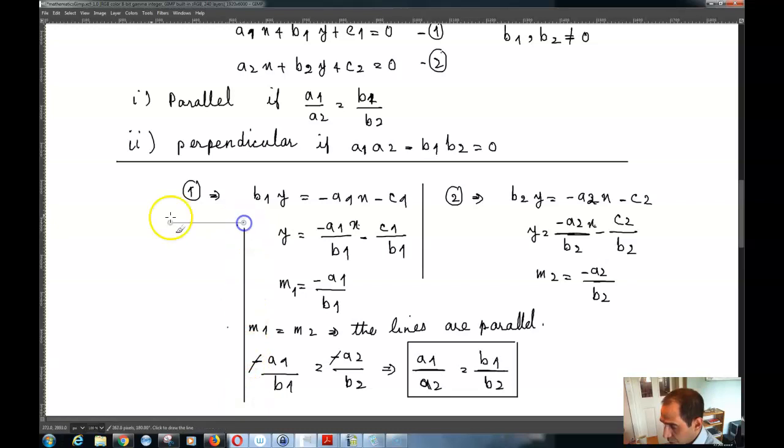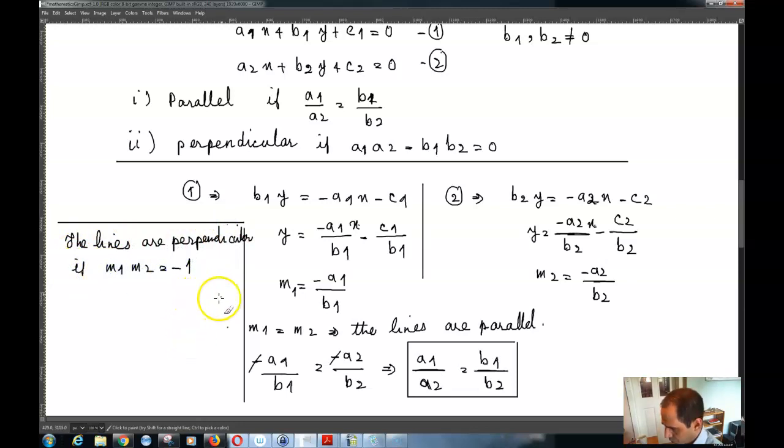Over here you can write that the lines are perpendicular if m1 times m2 is equal to negative 1. So m1 times m2 is negative a1 by b1 times negative a2 by b2, which is equal to negative 1.